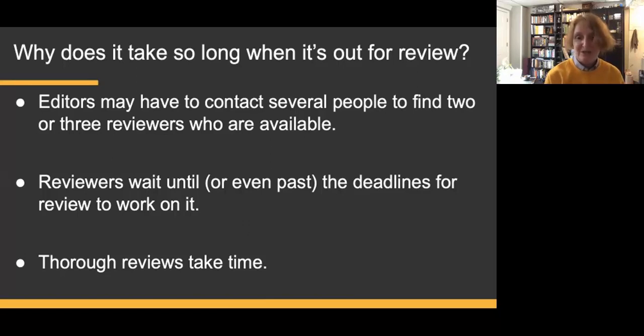And oftentimes that can still take a while, because the reviewers don't always meet that window. So what seems like it should be not that long, because the reviewers might only have 3 weeks to review it, can turn into 6 or 12 weeks minimum.